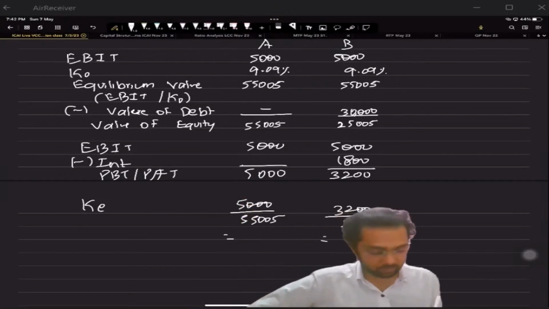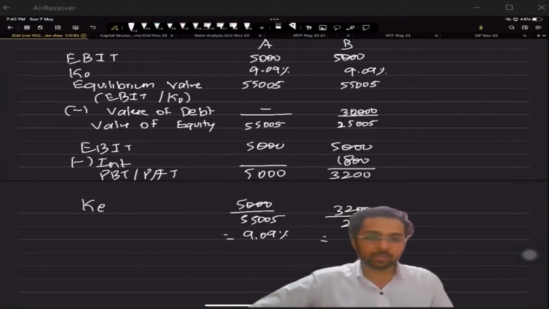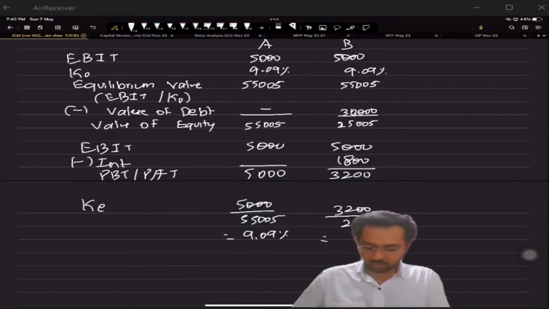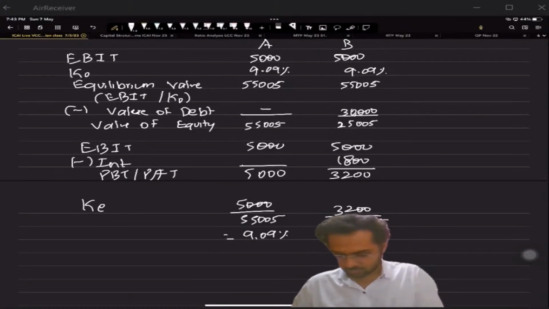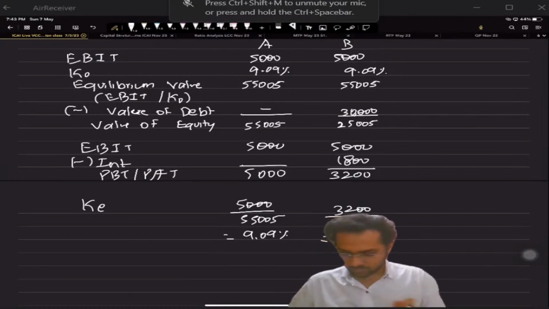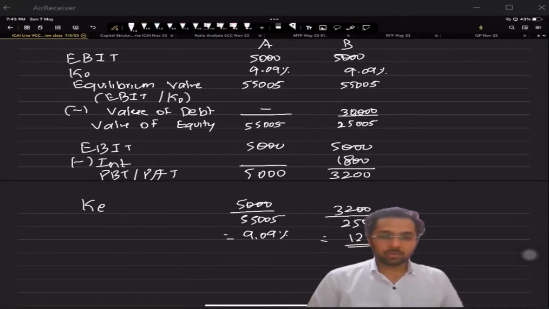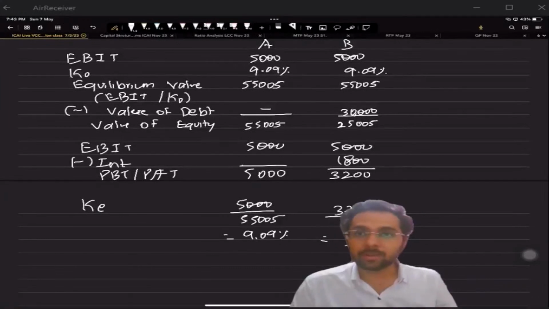So we get the cost of equity here to be 9.09% itself, whereas cost of equity in the levered form is simply going to be 3,200 divided by 25,005, which is 12.8%. Okay, so that's pretty simple. The question is comparatively easier.